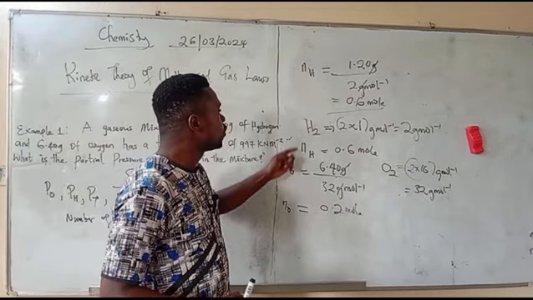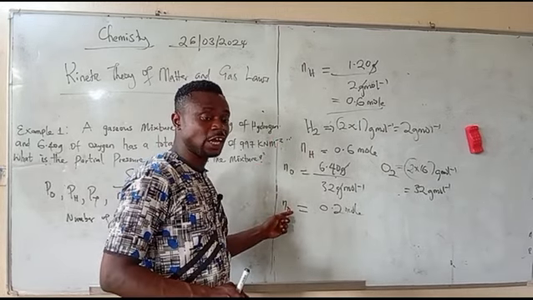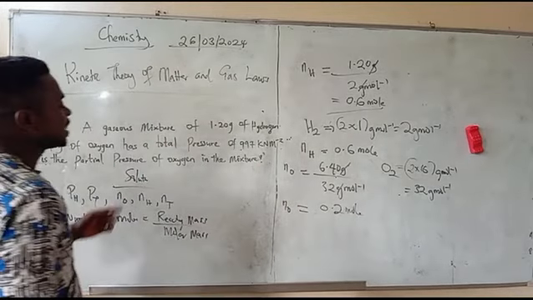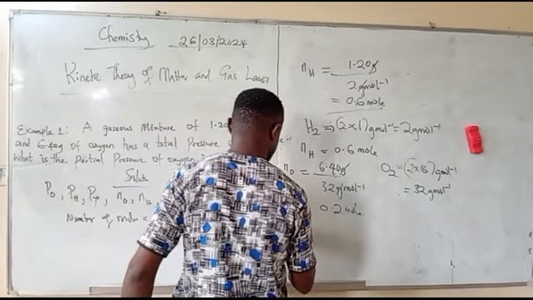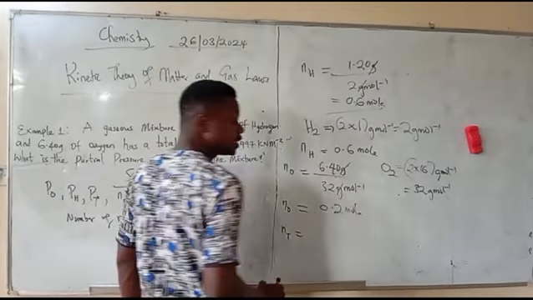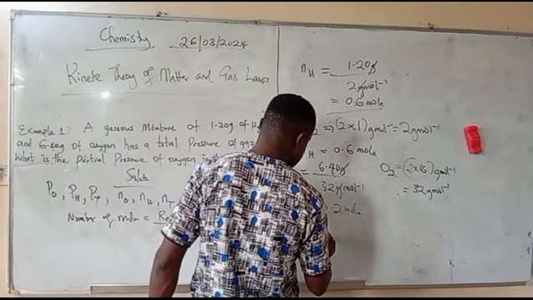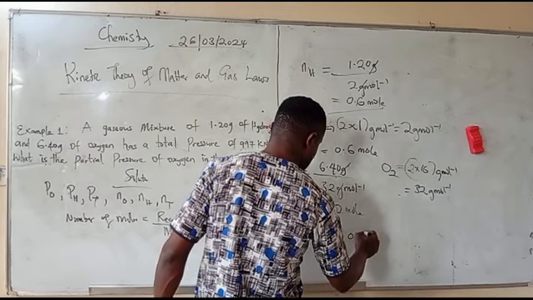The total number of moles is now what? 0.2 mole, which is 0.8 moles. Confirm. Good.